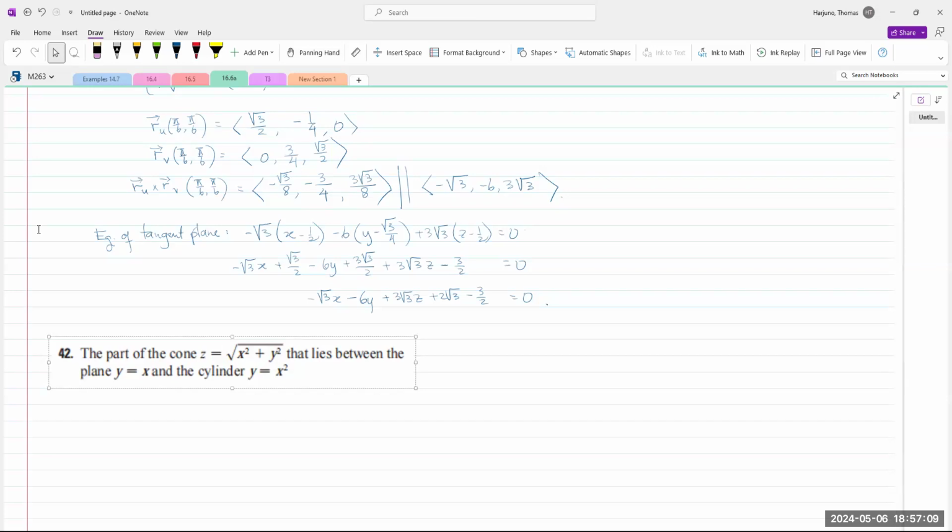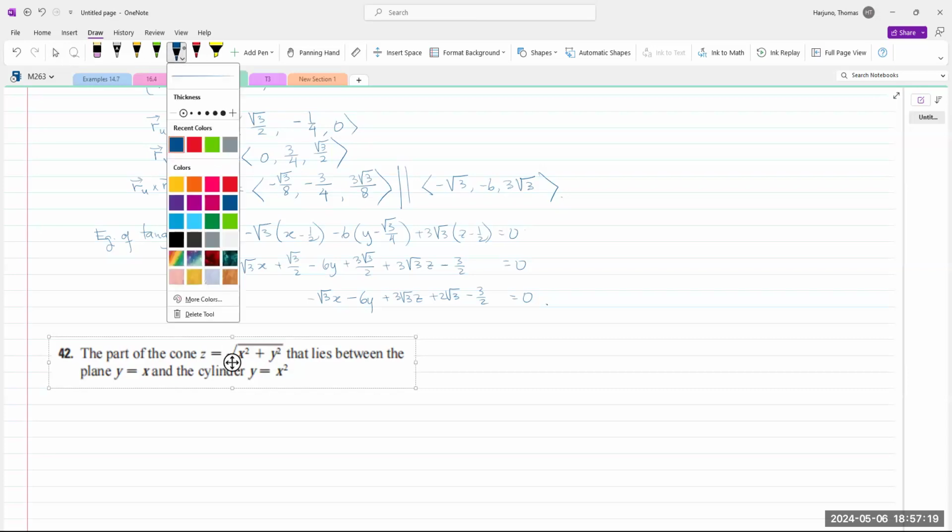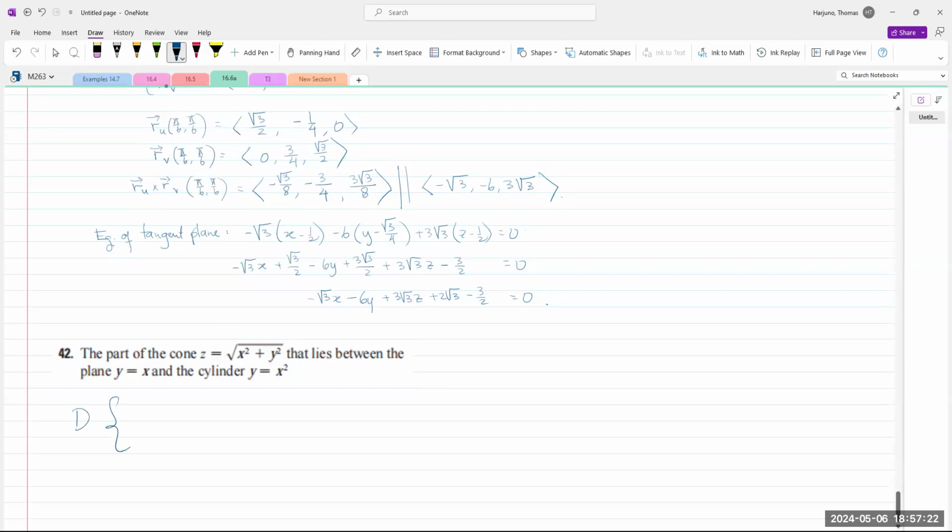This happens to be parameterizable the regular way, right? The domain of integration later on is bounded by y equals x and y equals x squared.